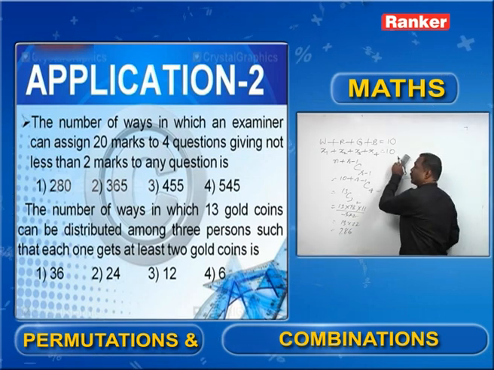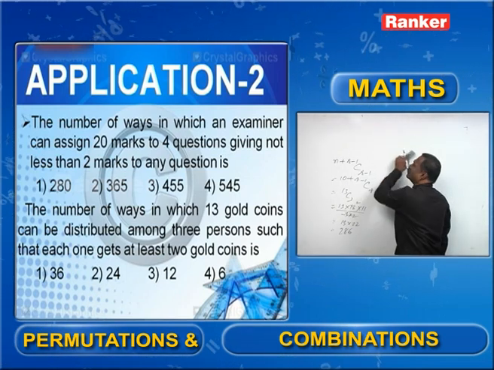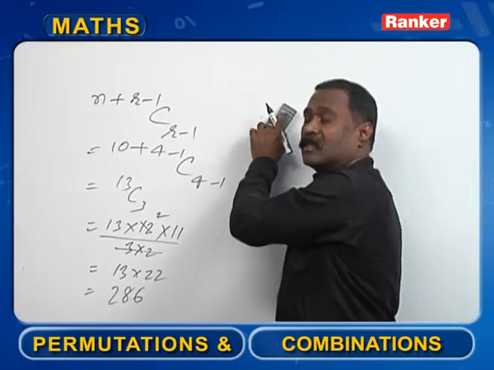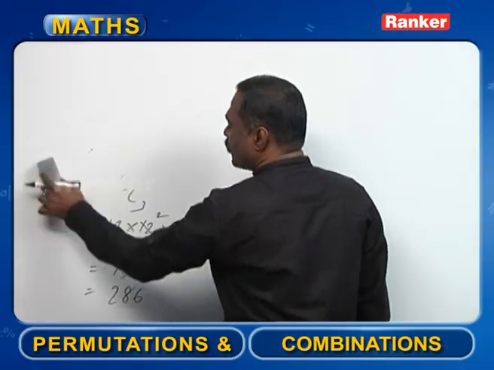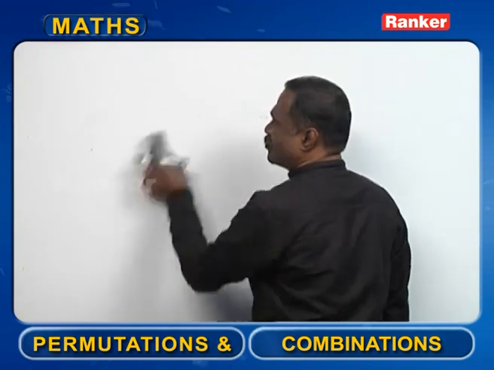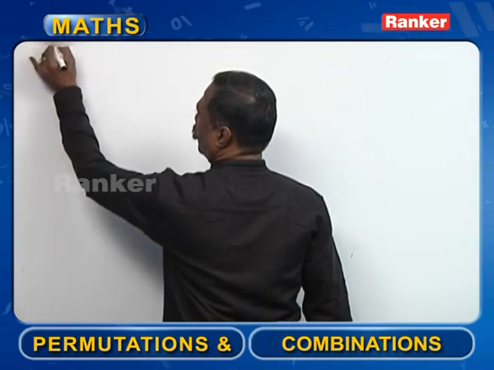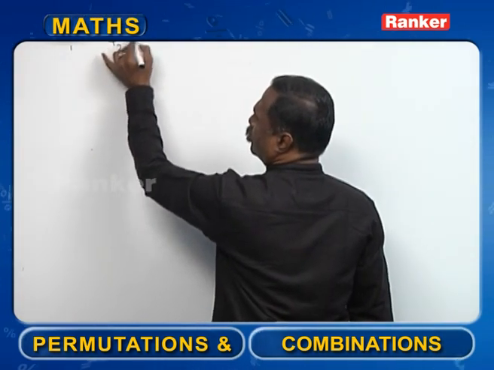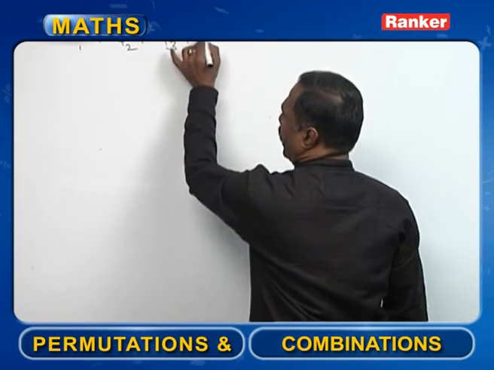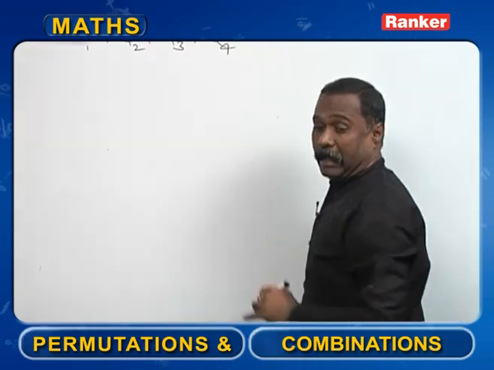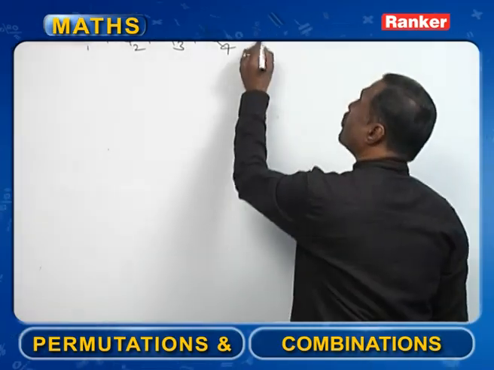That is why to apply this formula, you have to understand that the restriction should be fulfilled. What is the restriction here? So Q1 plus Q2 plus Q3 plus Q4 should be what? It is 20 marks.